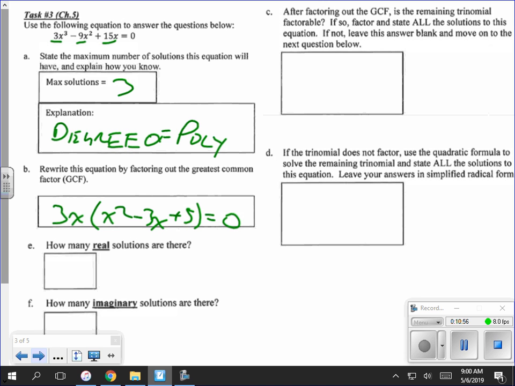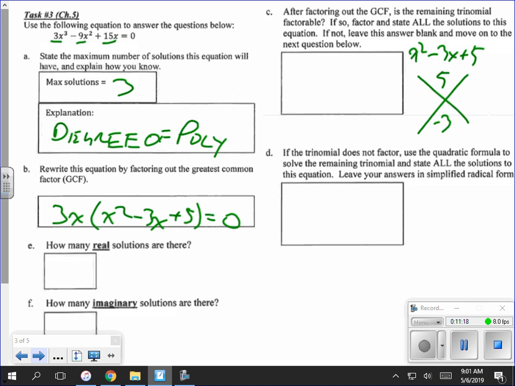E and F, we need to come back to after this. So part C, after factoring out the greatest common factor, we have a quadratic. X squared minus 3x plus 5. Is it factorable? So I have 5 and negative 3.